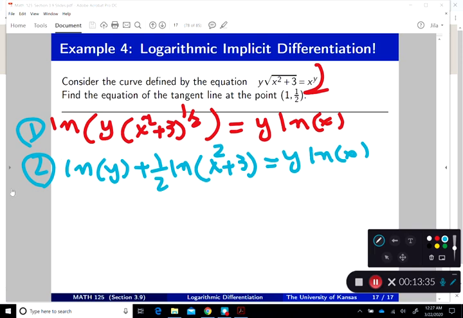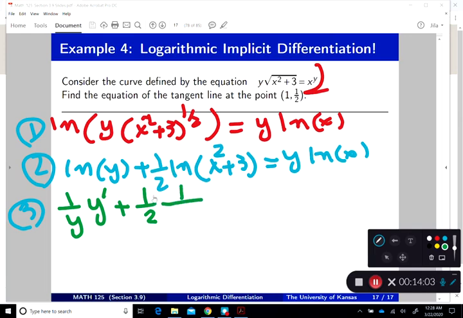So when I'm taking the derivative, let's change color. The derivative is 1 over y, but then I multiply it by the derivative of the inside, which is y prime, plus, and this one has 1/2 as the coefficient, then the derivative of the outside is 1 over x squared plus 3, then the derivative of the inside, which is 2x.